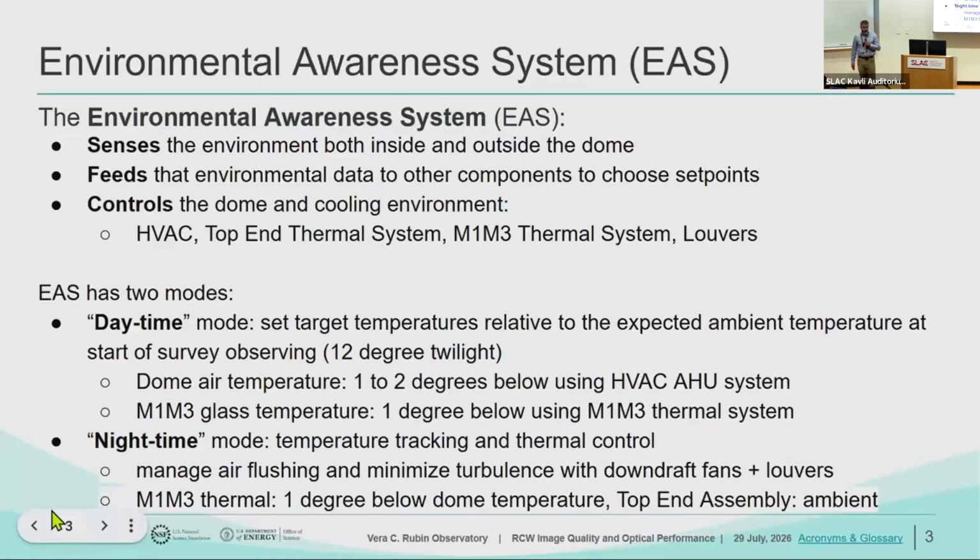And we've split the logic and control into two basic modes: daytime, which is preparing the observatory for the evening observations, and then nighttime control, which is to stabilize the system consistently during the night.